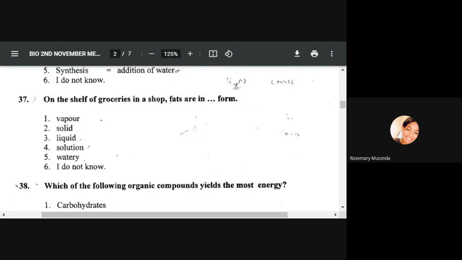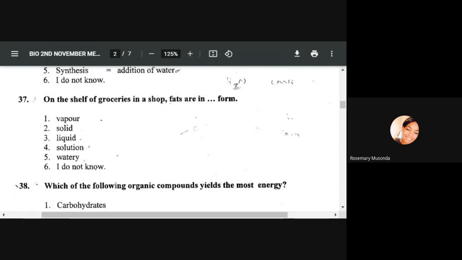There we've got solid and liquid. In shops, we've got cooking oil, which is saturated, is it? And then we've got butter as well. Because in terms of fats, we've got saturated fats and unsaturated fats. So if we go in shops, what do we find? I think that's what the question is asking.